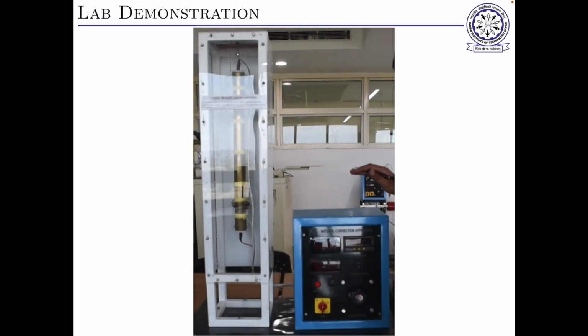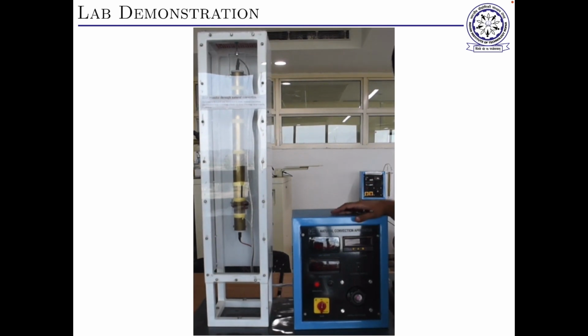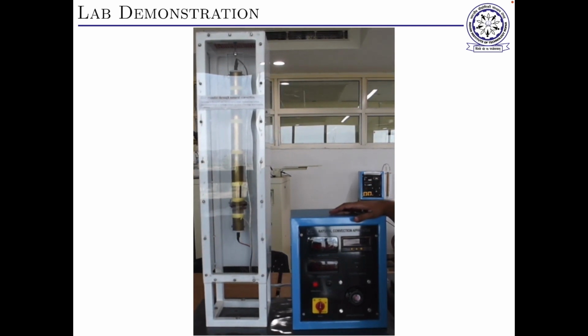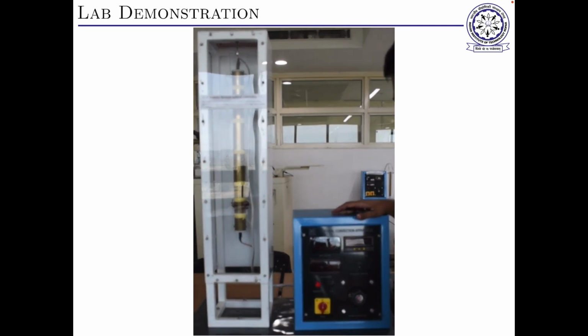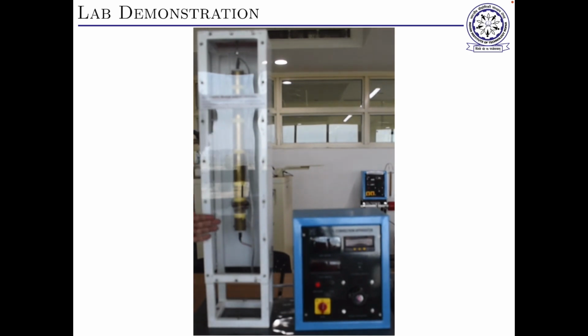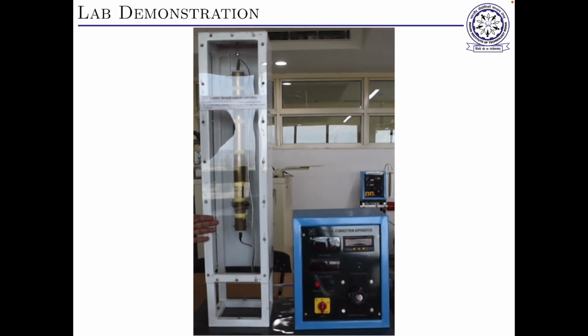Now lab demonstration, let's see. This is our experimental setup for calculation of convective heat transfer for natural convection. Here we have a vertical solid pipe, which is heated from inside, and outside on the surface there are 7 thermocouples, and there is one thermocouple at the back, which is used to record the atmospheric temperature.